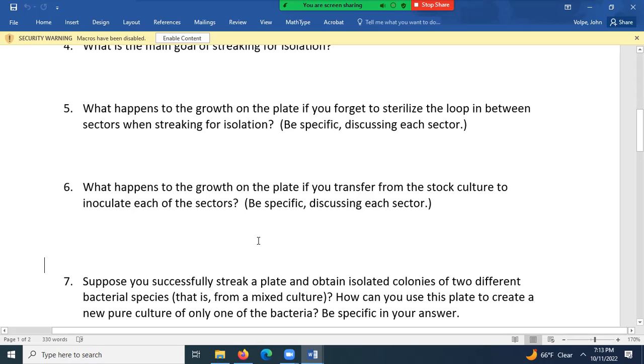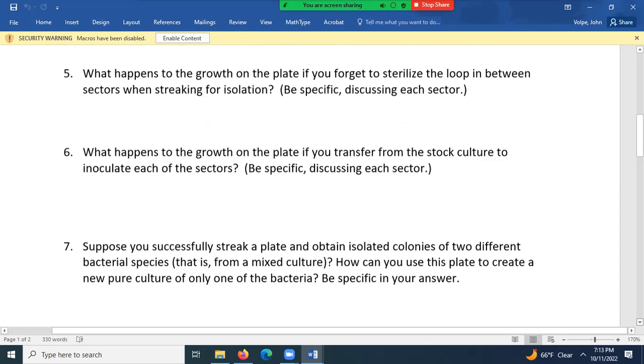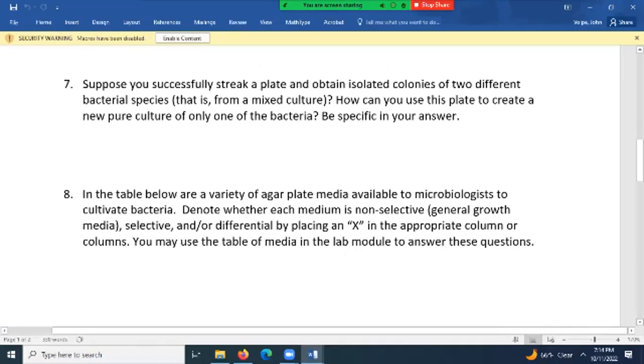Any question about any of that? 5 and 6 aren't terribly difficult once you think it through, but you guys have not really worked with bacteria yet, so you'll need to think it through before you'll get the answers to 5 and 6. Any question about that? All right.